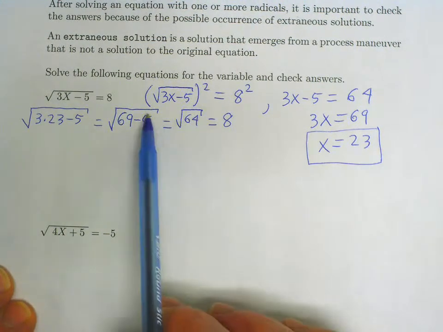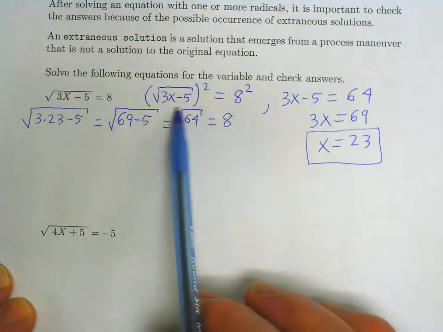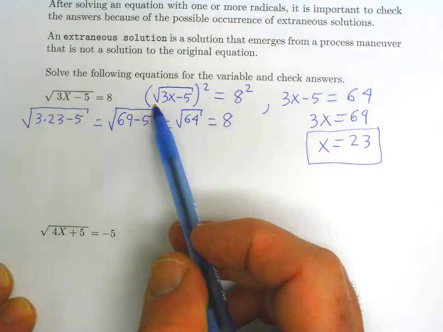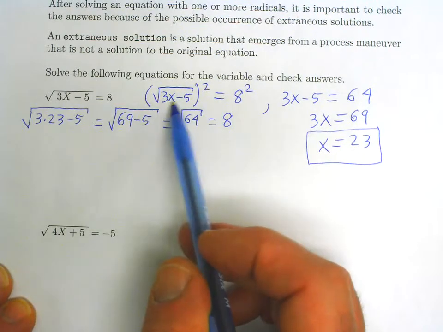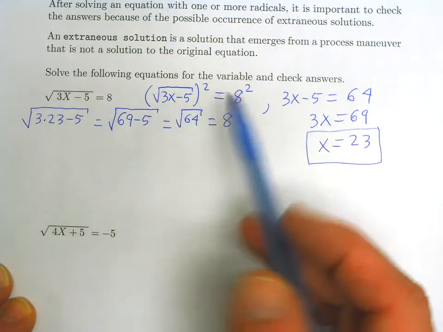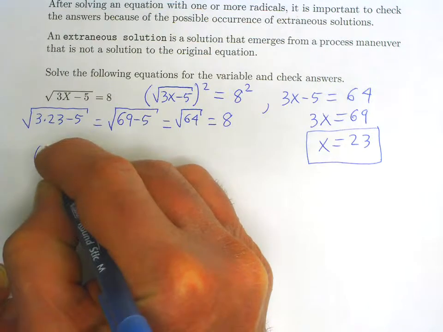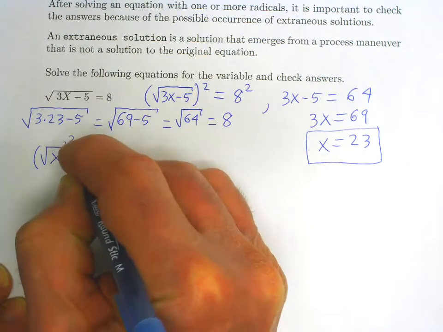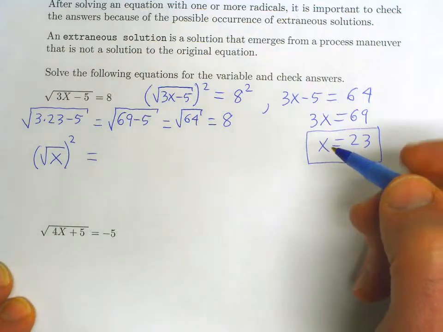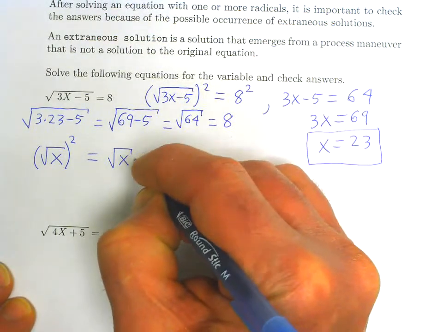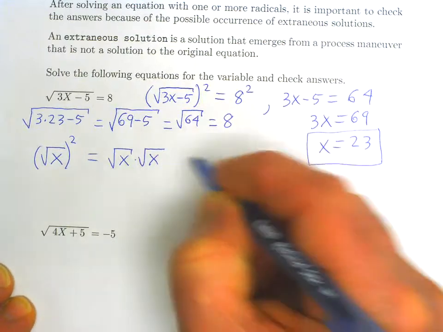Okay, I'll explain something that we've talked about before, but when we square the square root of something, we just get whatever that something is. So here's the idea. If you square the square root of x, this means the square root of x times the square root of x.